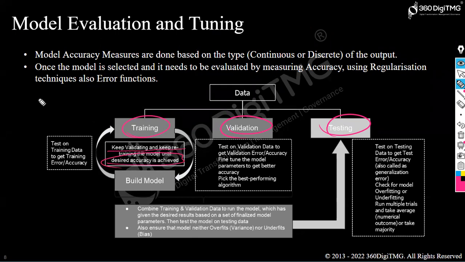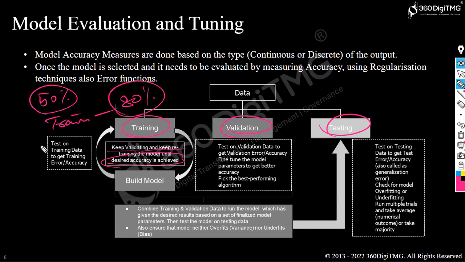First time you train the data and it is predicting 50%. We can't consider this model as accurate. So we train the model again and it is predicting 80%. Again we train the model. It is increasing to 90%.